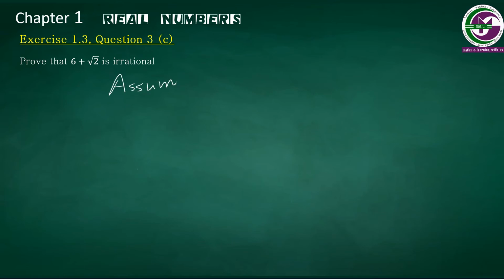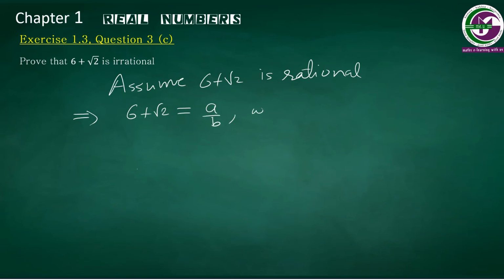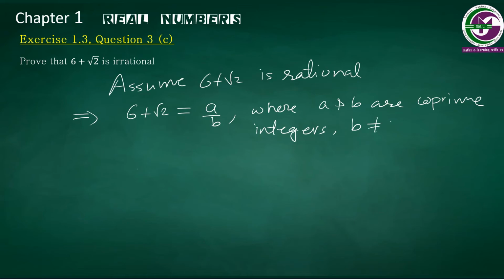That implies 6 plus root 2 can be written as a by b, where a and b are coprime integers and b not equal to 0, because for any fraction the denominator should not be equal to 0 because it is not defined.